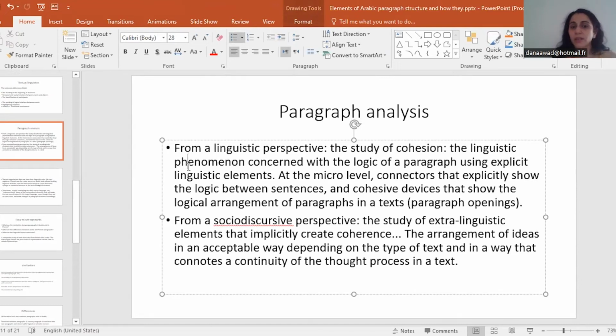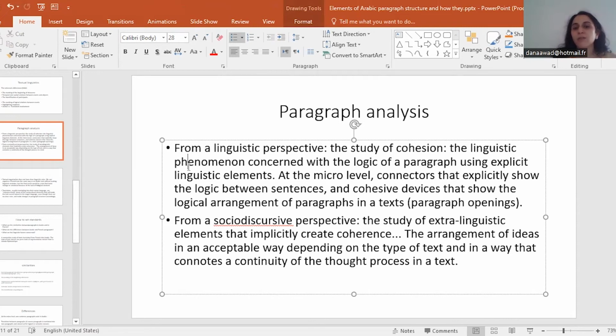So the cohesion is more explicit. There are clear linguistic devices that create the cohesion in a text. So it is a linguistic phenomenon, concerned with the logic of a paragraph using explicit linguistic elements.